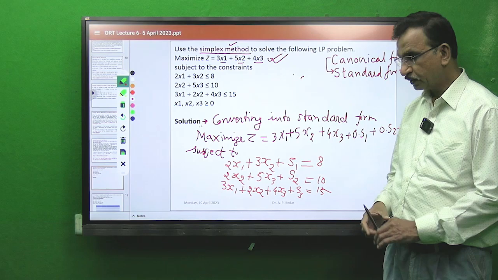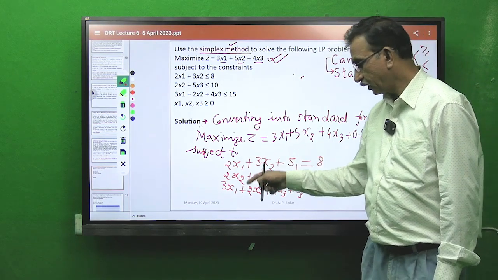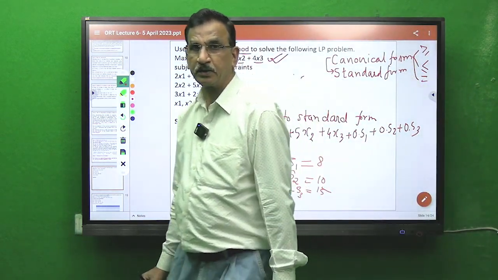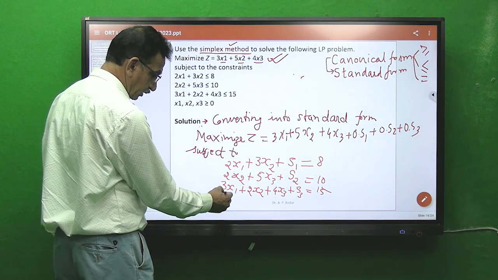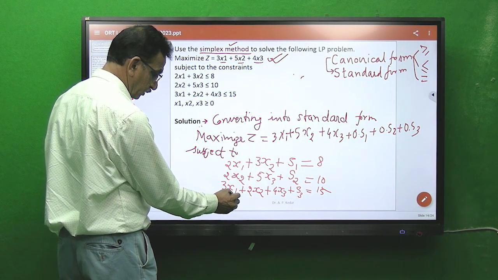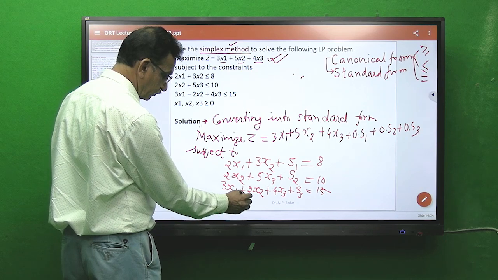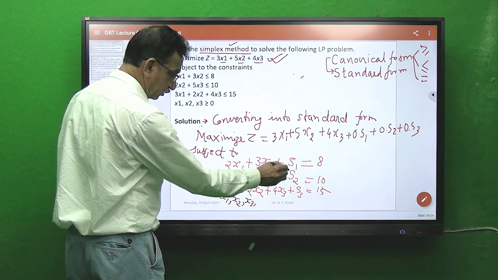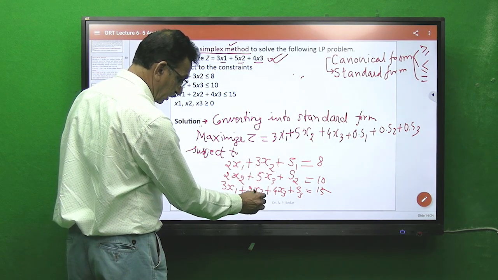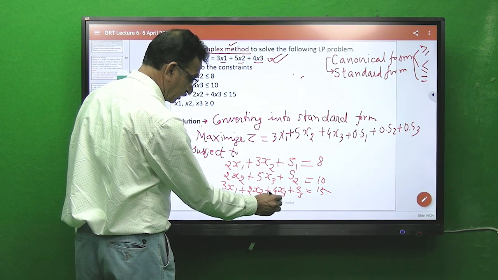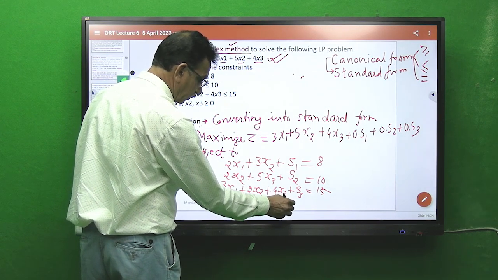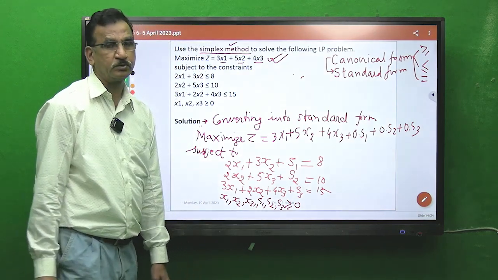standard form. Now we have seen, unless and until we write non-negativity condition, the problem is meaningless. So we have to write here where x1, x2, x3. Now these three variables s1, s2, s3, all these 6 variables are now greater than equal to 0.